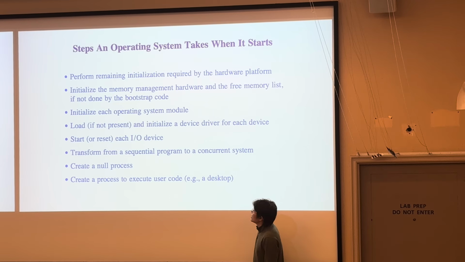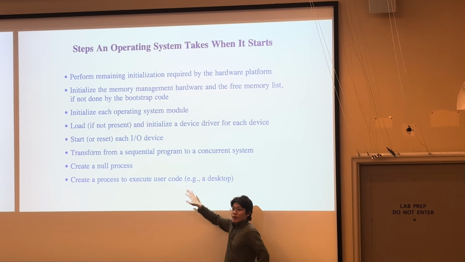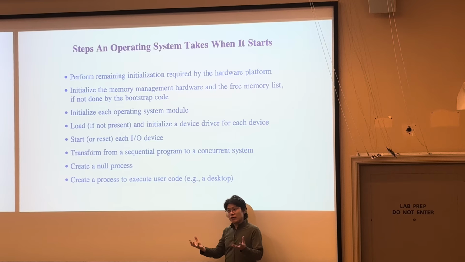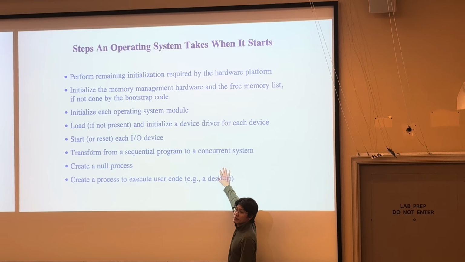Okay? But this is where you do the transformation. Because our OS is a multitasking, multi-programming OS which supports multiple processes running concurrently. How do we make that transformation? This is the step where we transform from a sequential program to a concurrent system.